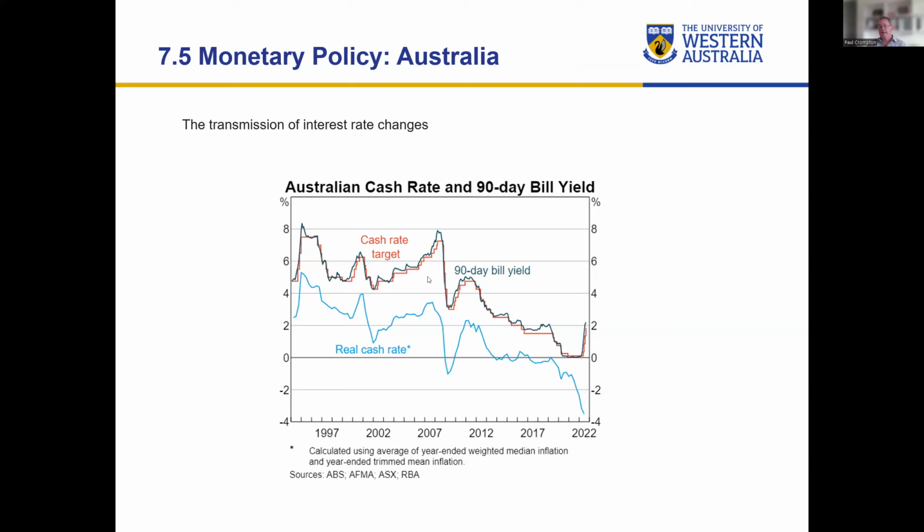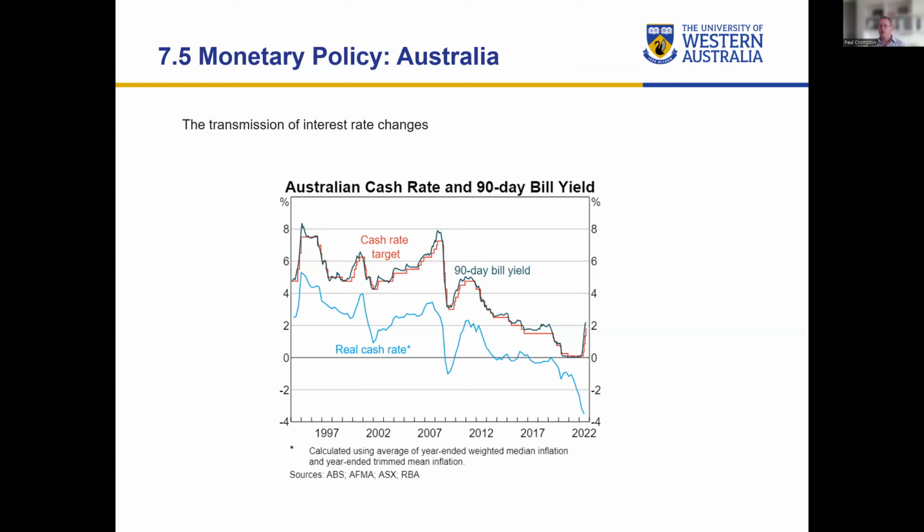This would be a very clean-cut relationship between the cash rate and mortgage interest rates if the banks borrowed all of the money that they use to lend to their customers in short-term money markets. Because we know the cash rate and short-term interest rates, illustrated by this 90-day bill rate, we know they are very highly correlated.